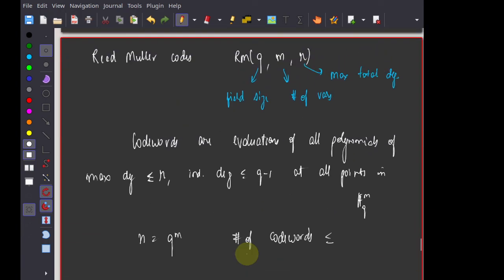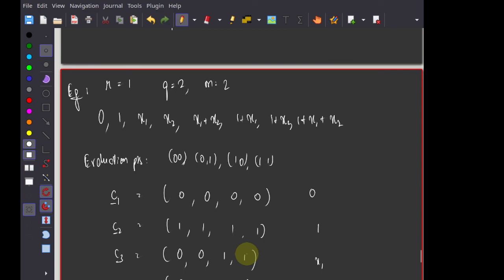So individual degrees need not be restricted to q minus 1. If r is strictly less than q minus 1, then the individual degrees can never be equal to q minus 1. The maximum value they can take is equal to r. But if r is greater than q, then the individual degrees must be less than or equal to q minus 1.